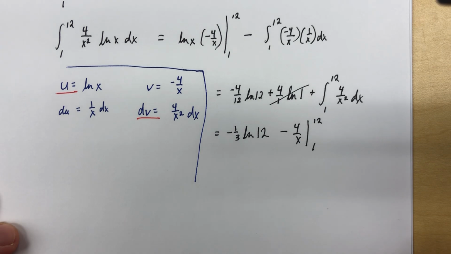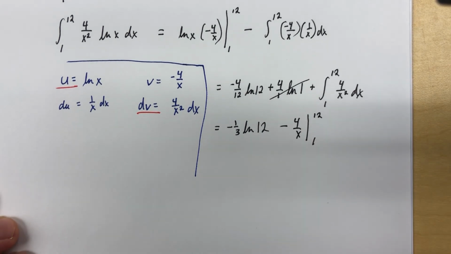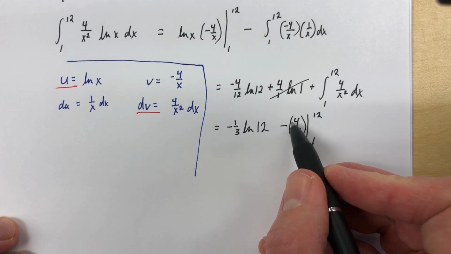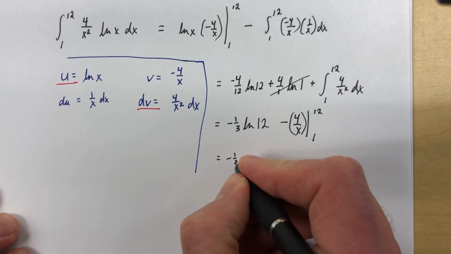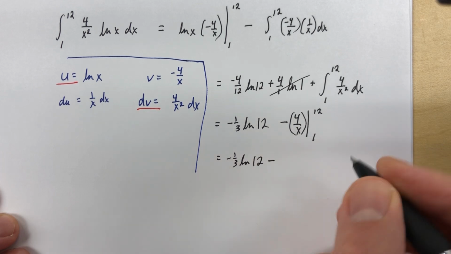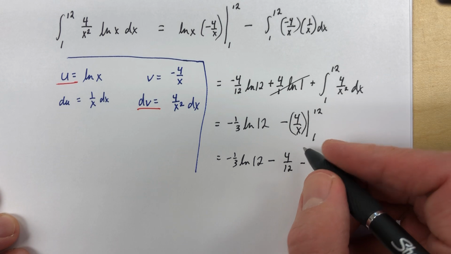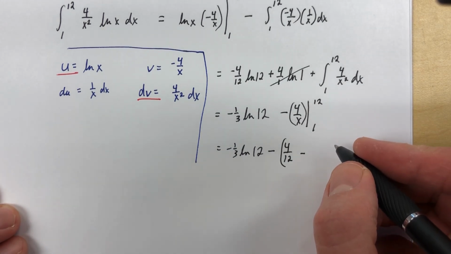All right, so we can get a little messed up with this subtraction sign. It can be a little bit confusing, so I'm going to put the parentheses here. If you put plus a negative and put the negative in there, it'll still work out. So we have negative 1/3 natural log of 12 minus 4 over 12 minus, there we go, mess this up if we're not careful.